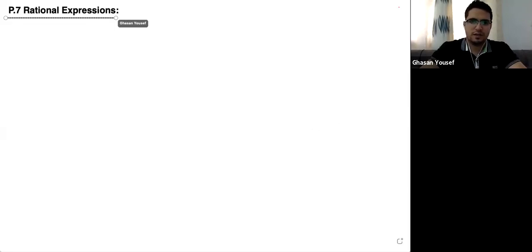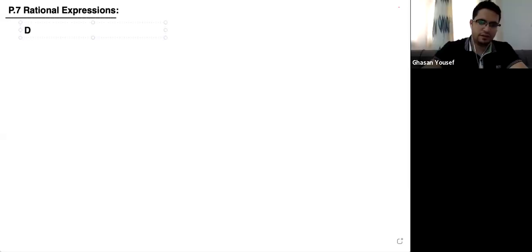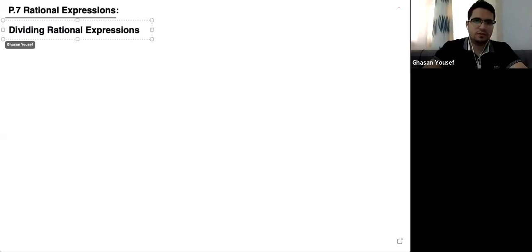So here, multiplying and dividing rational expressions. We're going to use some properties.